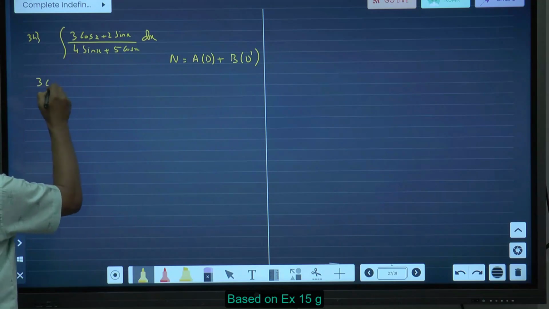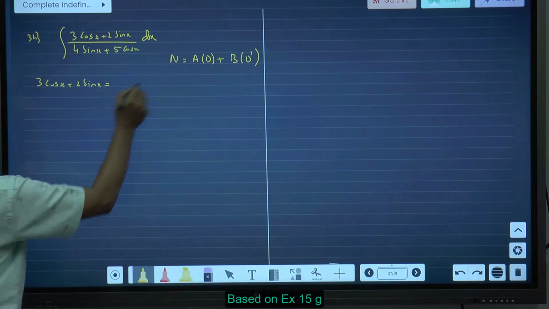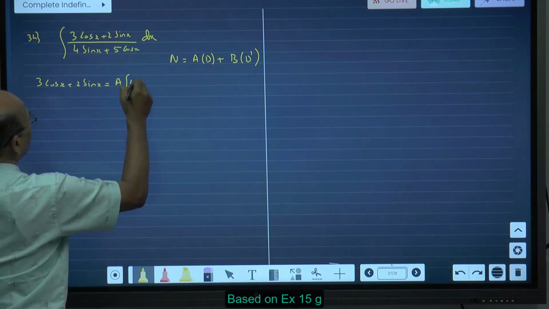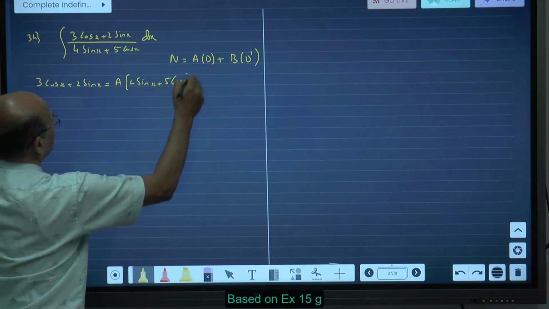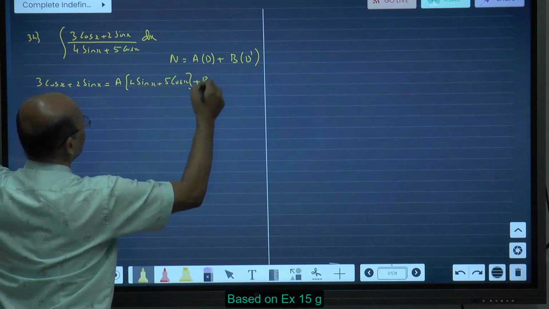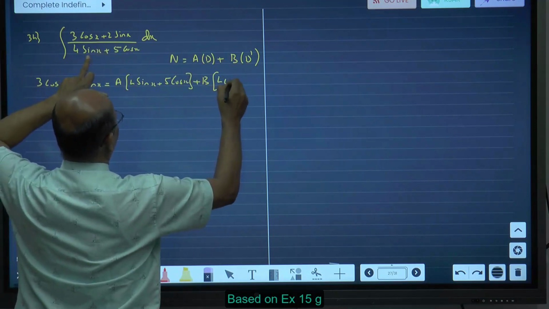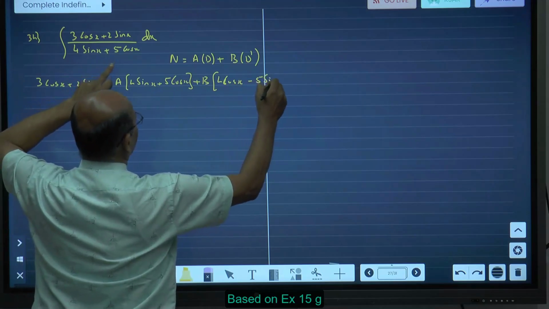So 3 cos x plus 2 sin x is equal to a into denominator 4 sin x plus 5 cos x plus b into derivative of denominator. What is derivative of denominator? 4 cos x minus 5 sin x.